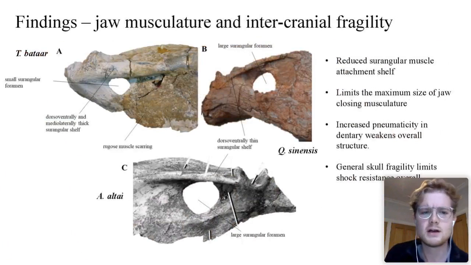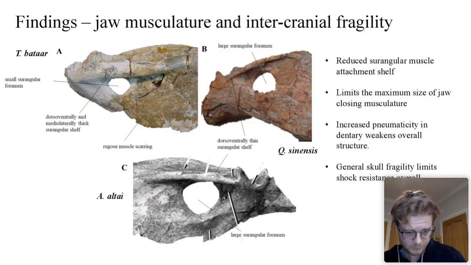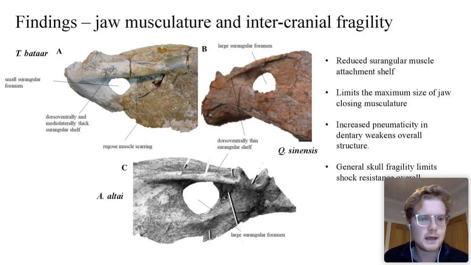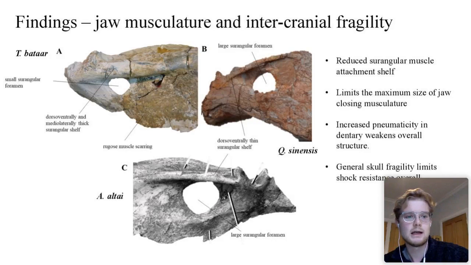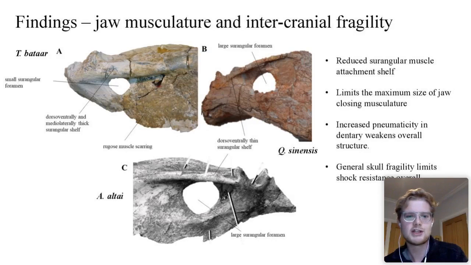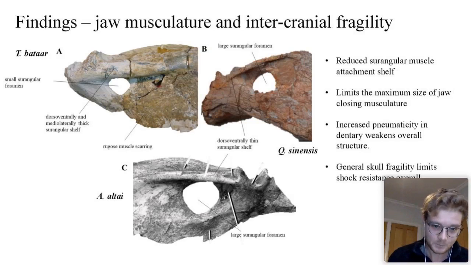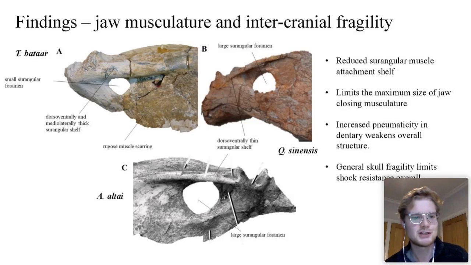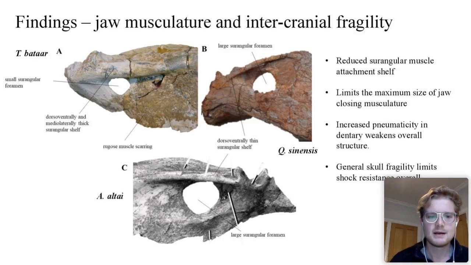So what did we find in regards to jaw musculature and anything that we can interpret for any sort of paleoecology? So on this figure, you've got A, which is again adult Tarbosaurus, B, Qianzhousaurus, and C, which is Alioramus altai. And you can just see that changing condition between this adult Tarbosaurus and the surangular shelf of Alioramus. It's almost this sausage-like structure in adult tyrannosaurids, and it turns into this more peg-like shelf in Alioramus.